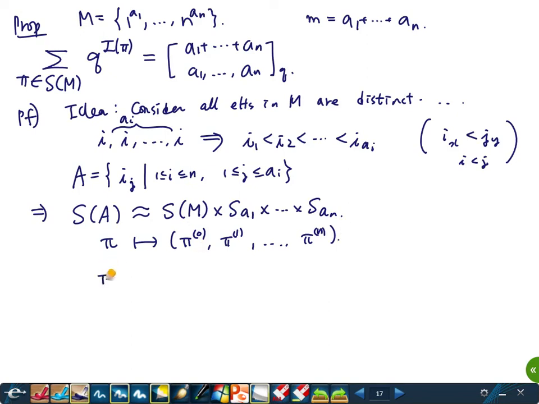What is pi_0? Here, we have permutations of all these letters. The i's are distinct, in that case. So just forget about the subscripts.